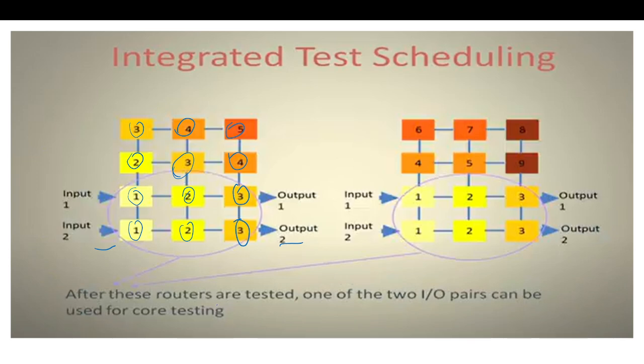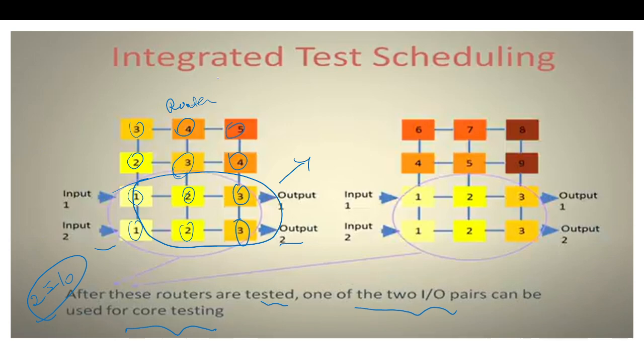After these routers are tested, one of the two IO pairs can be used for core testing. So this is for testing of the router, and we have two IO pairs. After this, we can use any one to test the core. So first we did this for the router, and then we said we will go for the core, using any one of the IO.